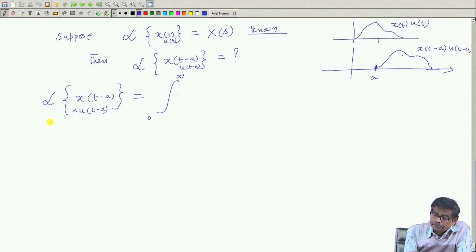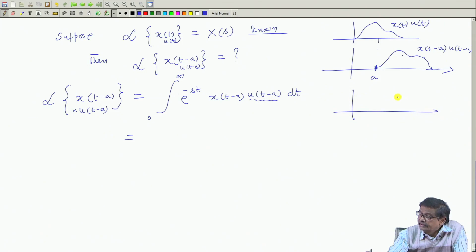So, what does this mean? It means the integral of e to the power minus s t into x(t minus a) into u(t minus a) dt. This integral I have to calculate. Obviously, u(t minus a) for t less than a is 0.